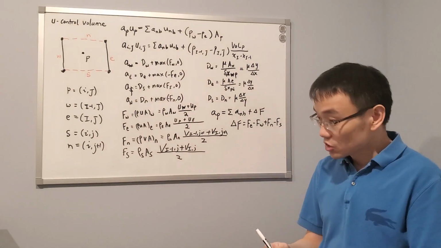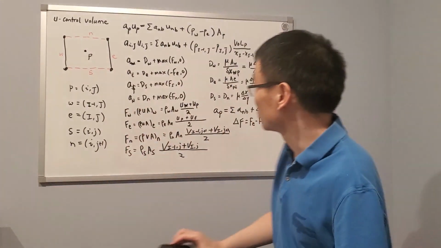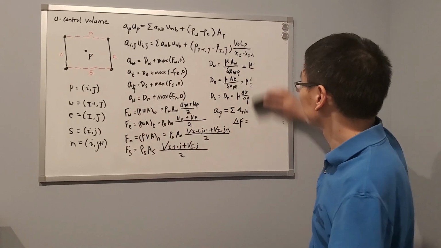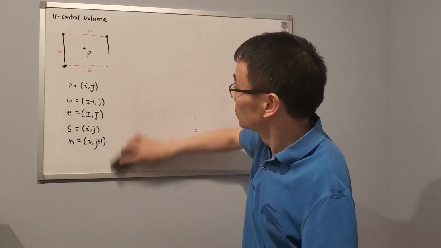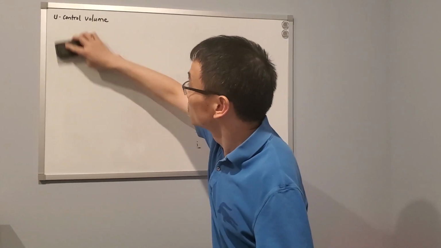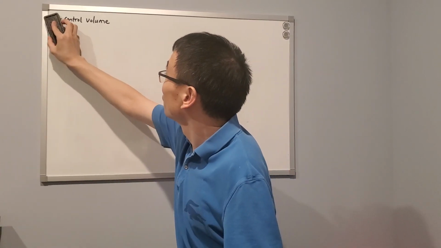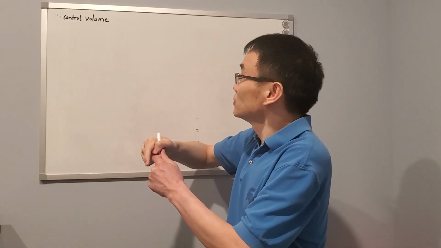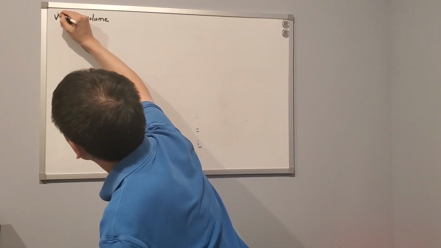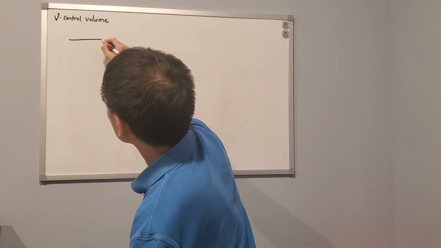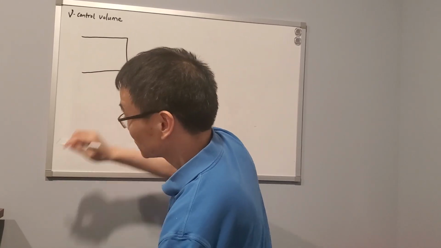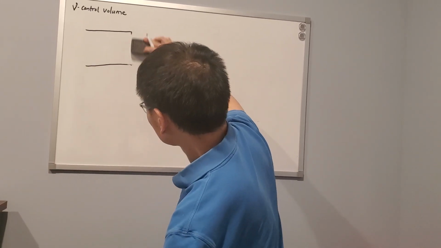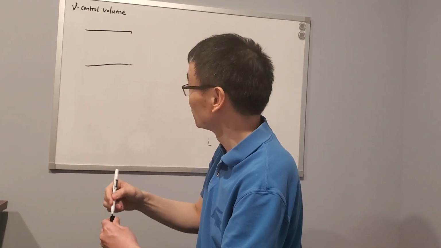All right, so now let's move on to V control volumes. So for the V control volume in the staggered grid, we will have two solid lines on top and bottom, but on the side we will have dashed lines.